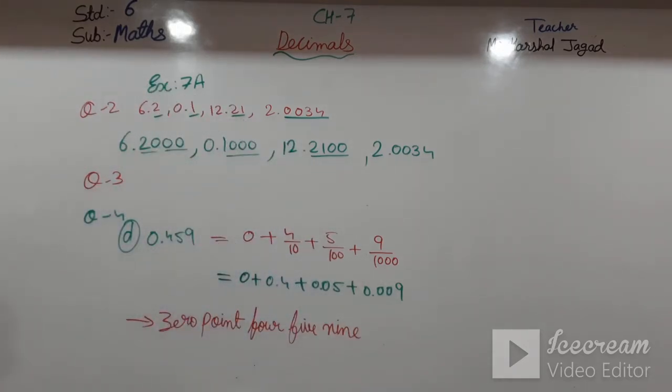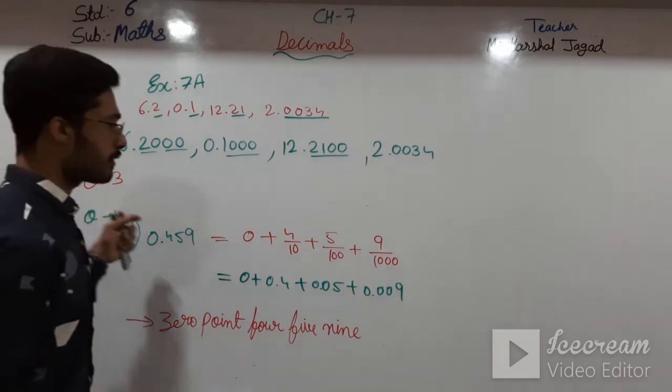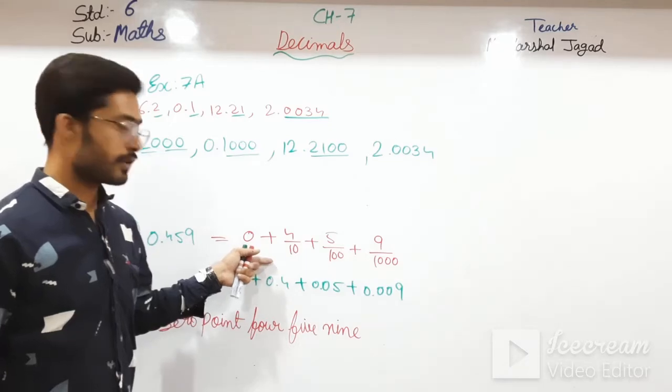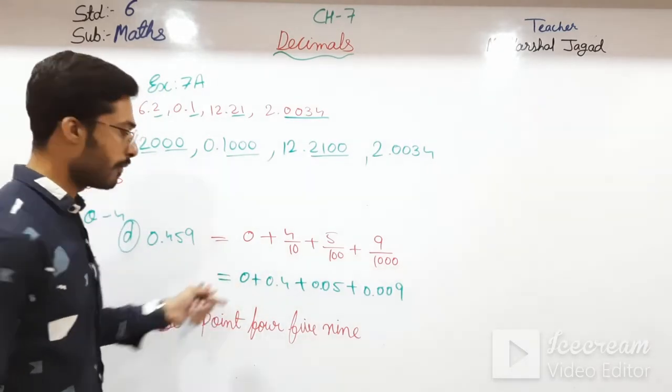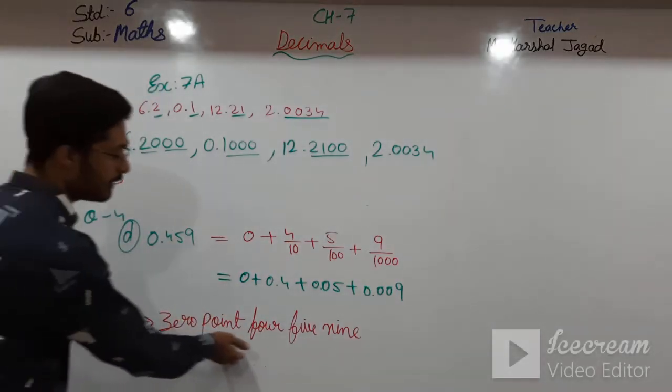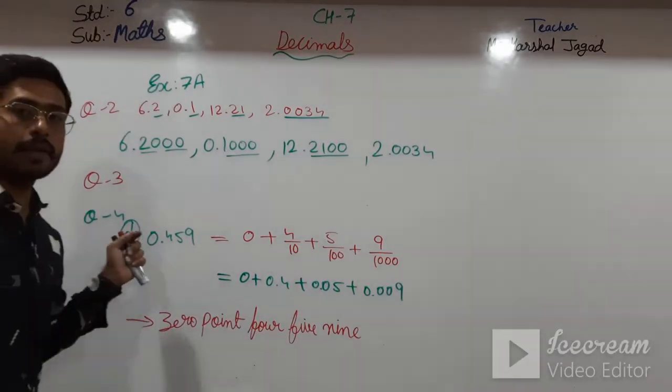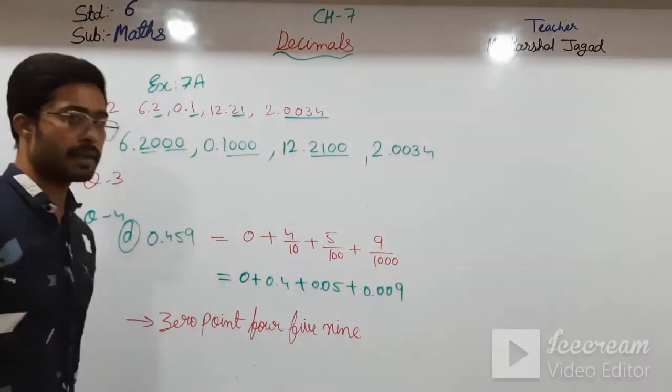So in question 4 you first have to expand, here I have done it in fraction form and here in decimal form, and then write it in words. I have done it for you. A, B and C you have to do by yourself.